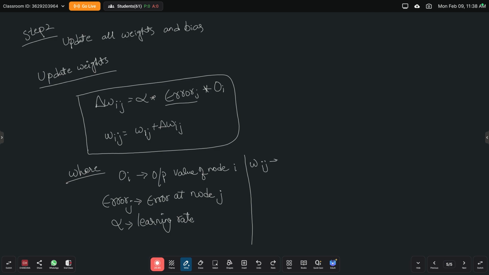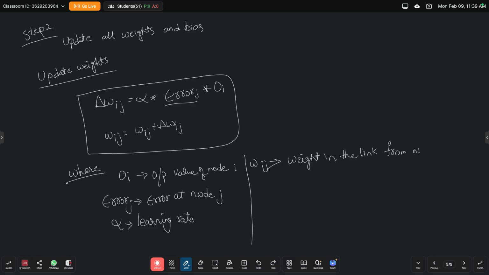Wij is the weight in the link from node i to node j.